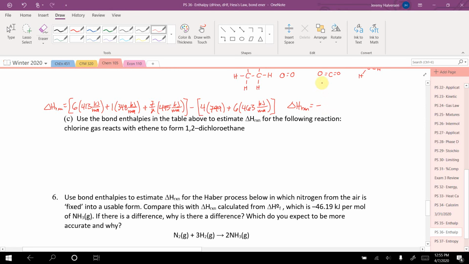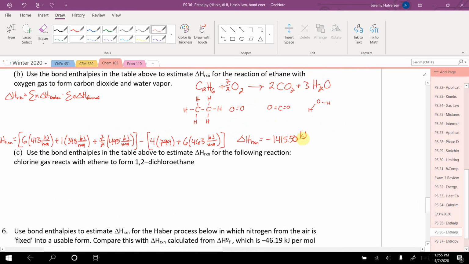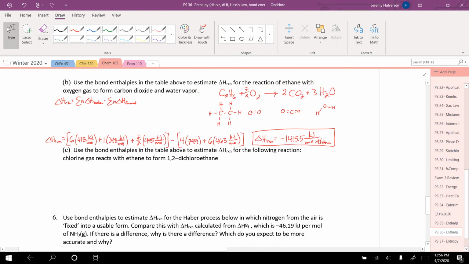Nope, that was double. Negative 1415.5 kilojoules. I could also say kilojoules per mole of ethane, because my reaction was for 1 mole of ethane. But saying just kilojoules is also just fine.